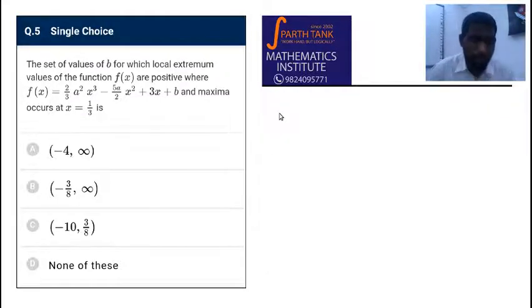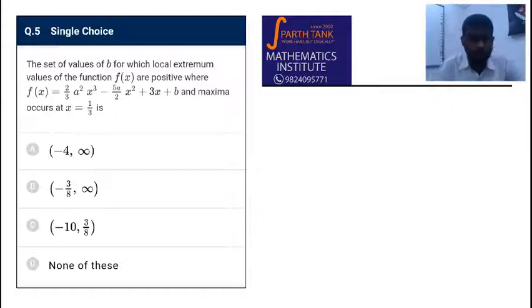The set of values of b for which local extremum, that is local maxima and minima, of the function f of x are positive, where f of x is equal to 2 by 3 a squared x cube minus 5 by 2 a x squared plus 3x plus b, and maxima occurs at x is equal to 1 by 3.